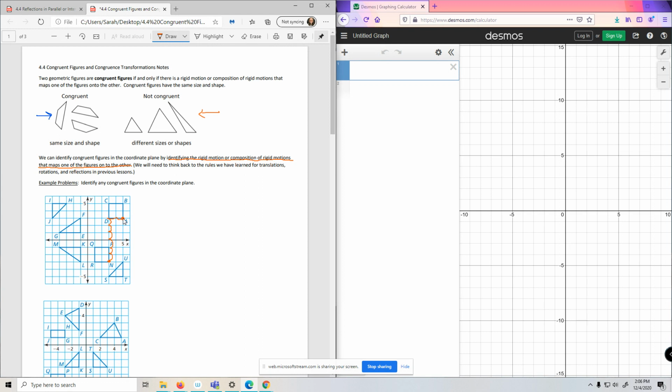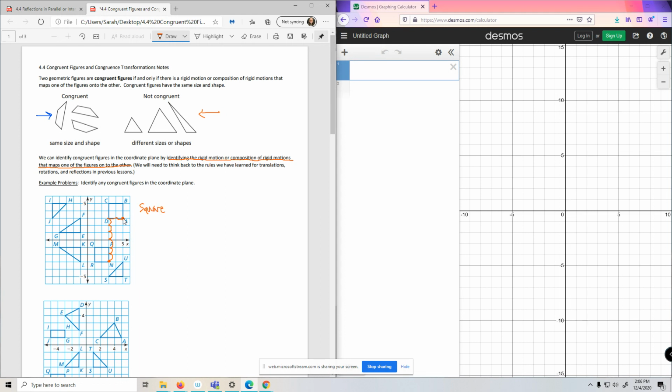If I did that same motion, I could do that for all the other vertices. B would go to P, C would go to Q, D would go to R. So since I do the same transformation to get from every vertex, all the vertices of A, B, C, D to all the vertices of N, P, Q, R, those two figures are congruent.